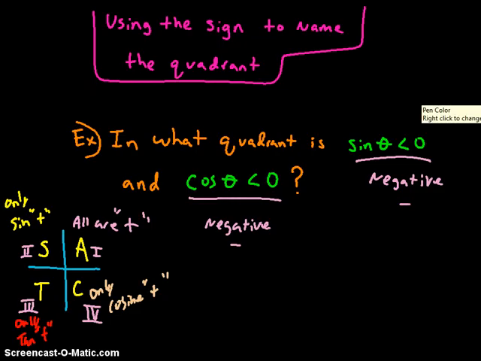It couldn't be in quadrant 1, because all of them are positive there. And it couldn't be in quadrant 2, because sine is positive there. The next restriction is cosine must also be negative, but cosine cannot be negative here. So the only place it could be is here. So the answer to this problem is quadrant 3.